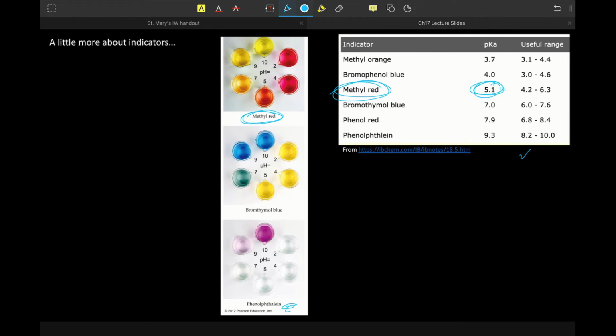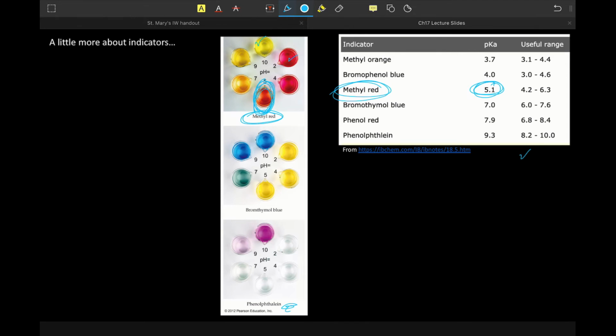So with a pKa of 5.1, at approximately 5 it's the bright orange color, somewhere in between the yellow and the bright red, where orange represents approximately 50-50 of the yellow and the red.